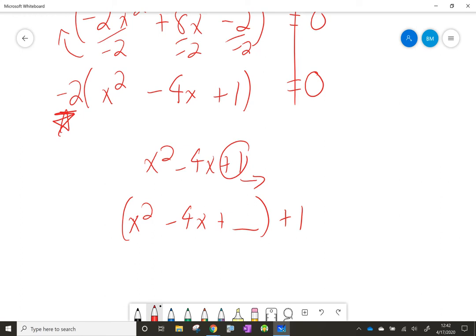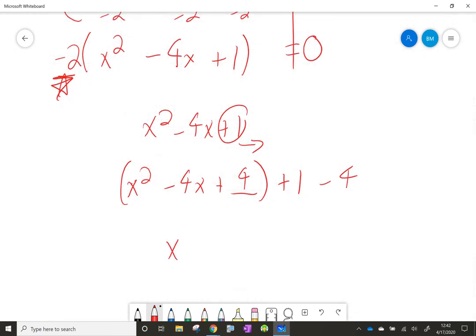In order to find the new value, remember it's just b divided by 2, squared. So b, of course, is negative 4. Negative 4 divided by 2 squared is negative 2 squared, which is 4. So that means we're going to have to subtract the 4 here, as its twin brother, to join the 1.